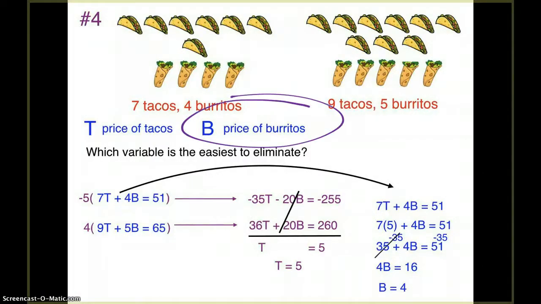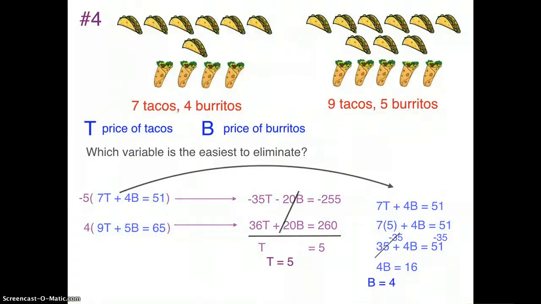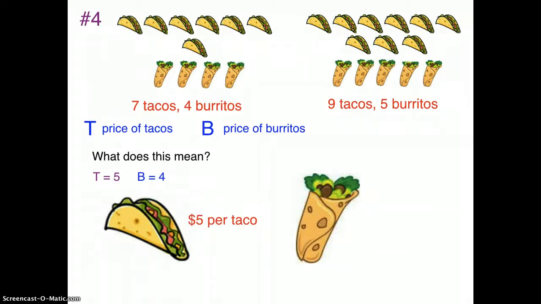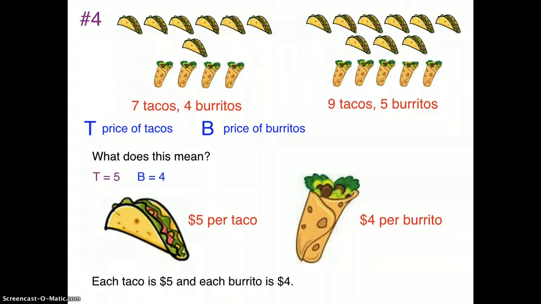If you refer back to your key, b represents the price of the burritos, which means every single burrito costs $4. So my final answer would have to be every taco costs $5 and every burrito costs $4. So as my final sentence, I would say each taco is $5 and each burrito is $4.